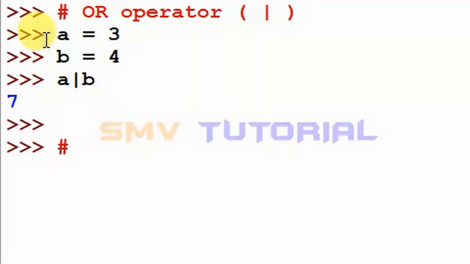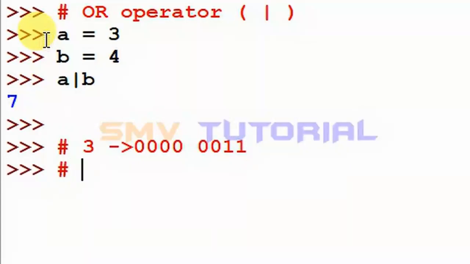The binary value of 3 is 0000 0011. And the binary value of 4 is 0000 0100.